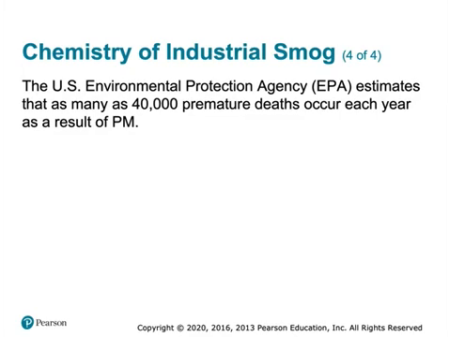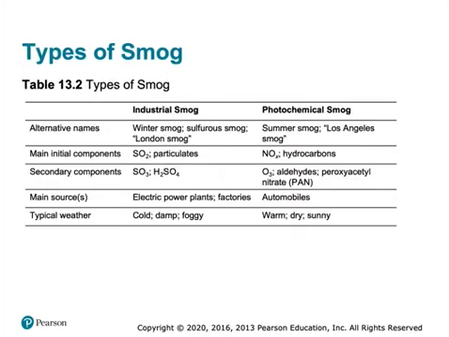Your lungs do clean themselves, but over time you can gunk up your lungs with particulate matter. So types of smog: winter smog, sulfur smog, London smog. Here we can call it VOG. And then there's photochemical smog. We'll talk more about photochemical smog later.